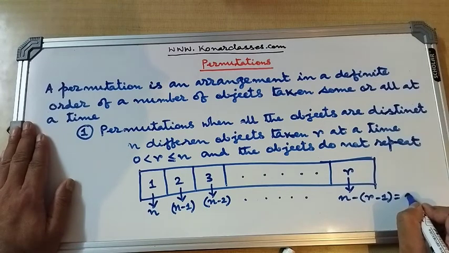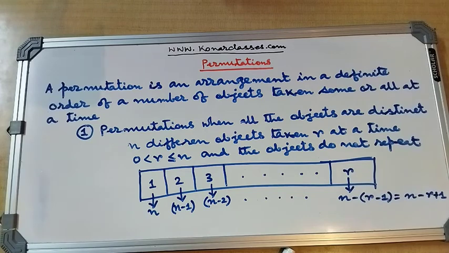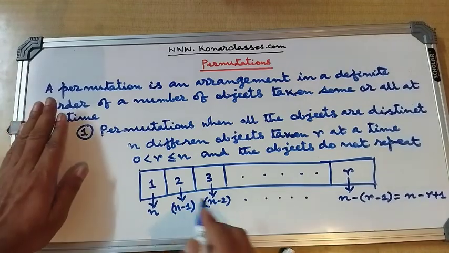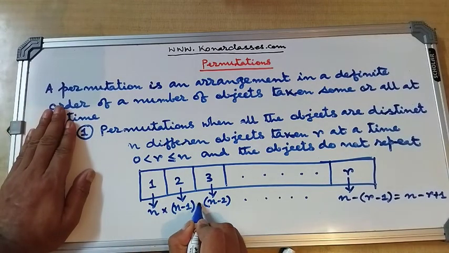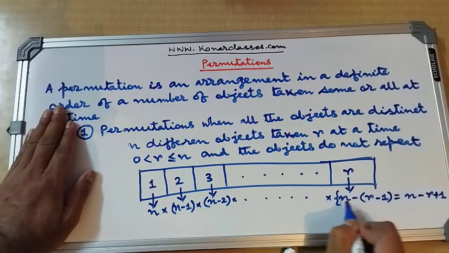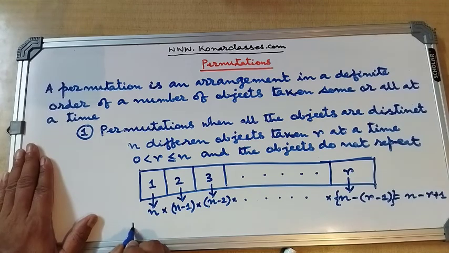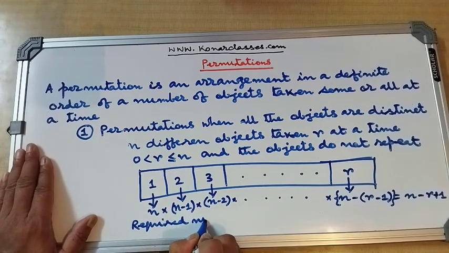Now, if we consider all these, dear students, the required number of ways is the product of all these: n into n minus 1 into n minus 2, up to n minus r plus 1.